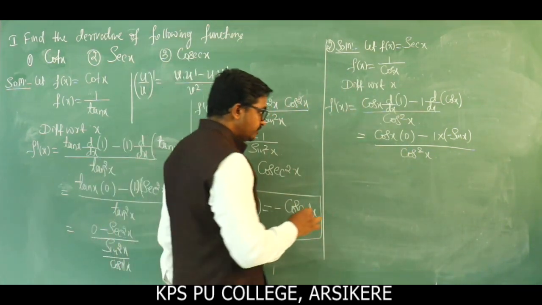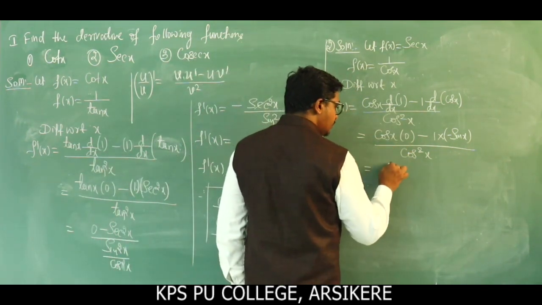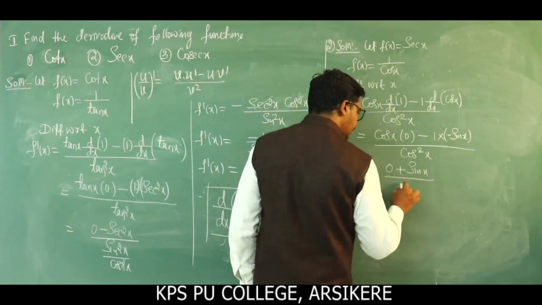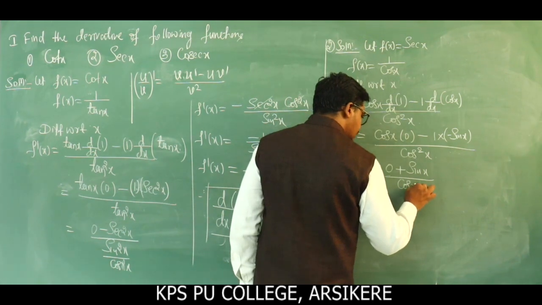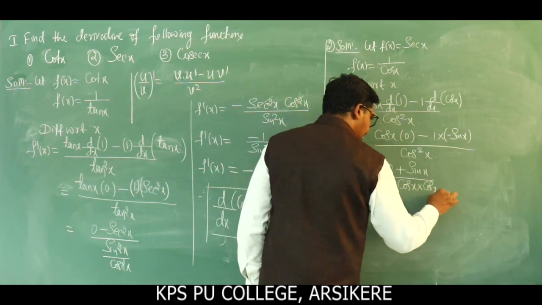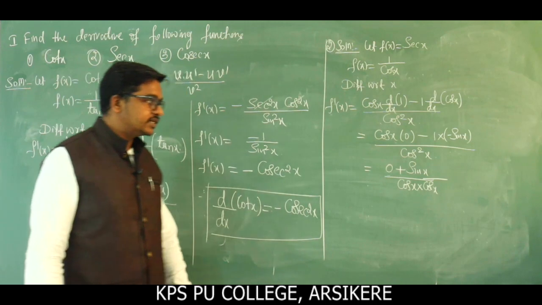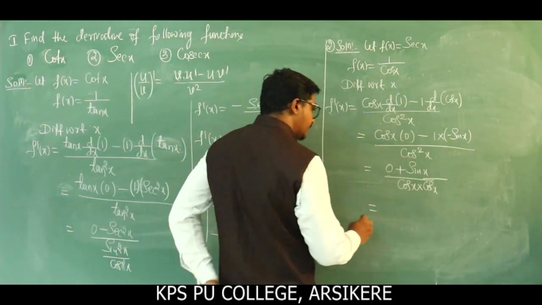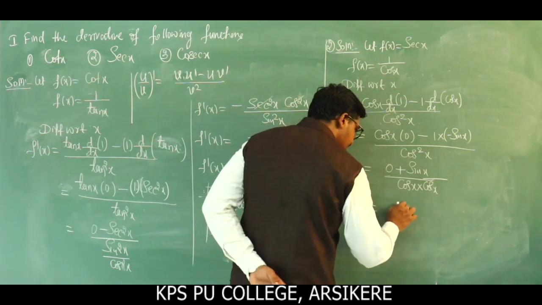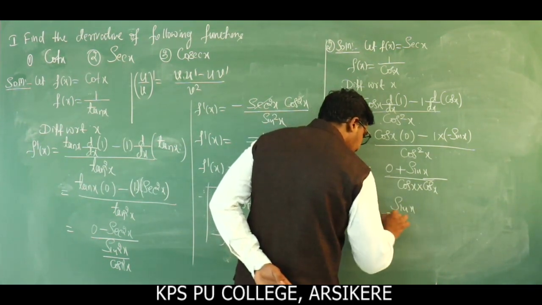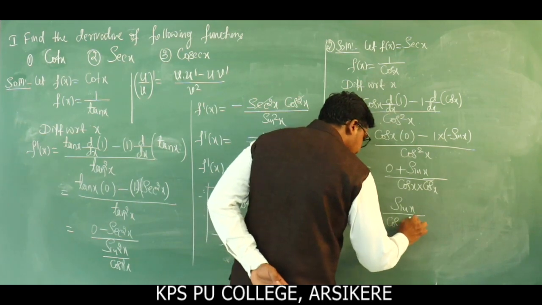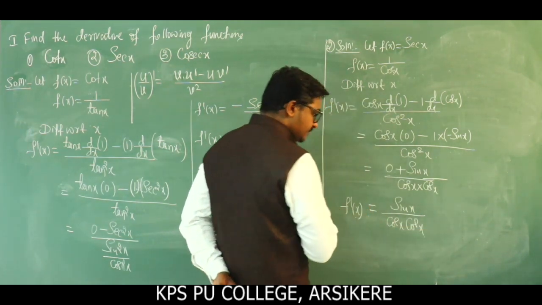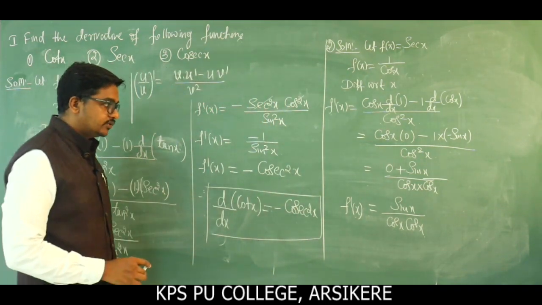Cos into 0 is 0, minus into minus will be plus sin x divided by cos x into cos x. I will write cos square of x as cos x into cos x. This simplifies to sin x divided by cos x into cos x. This is f dash of x.